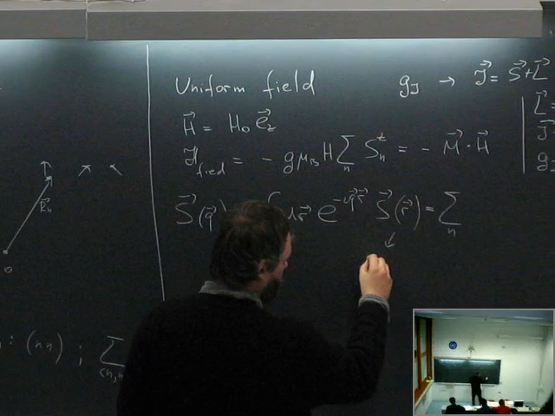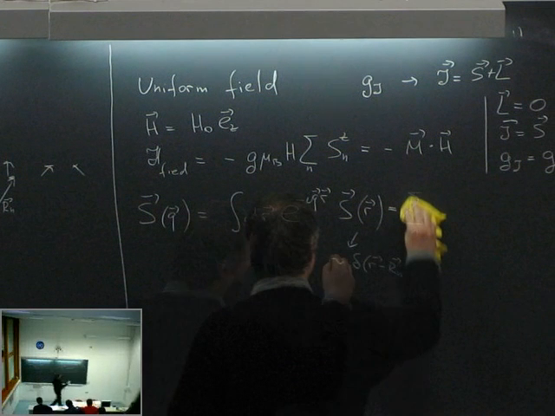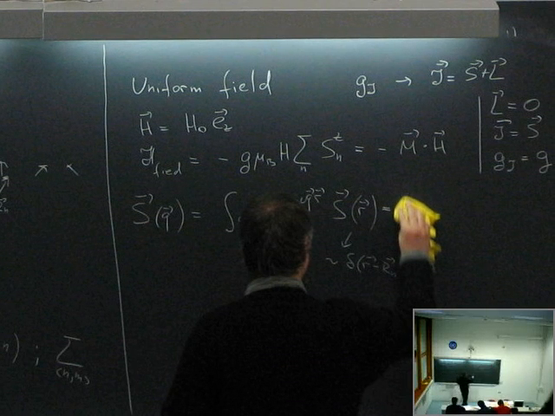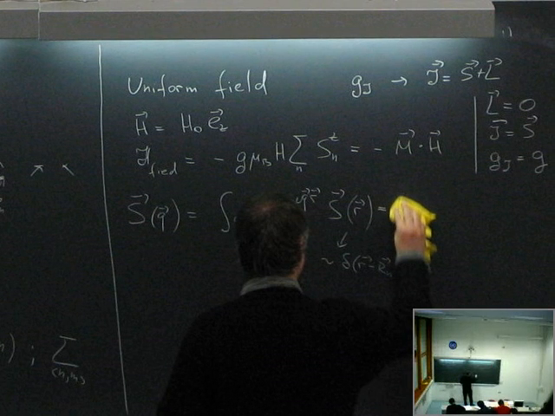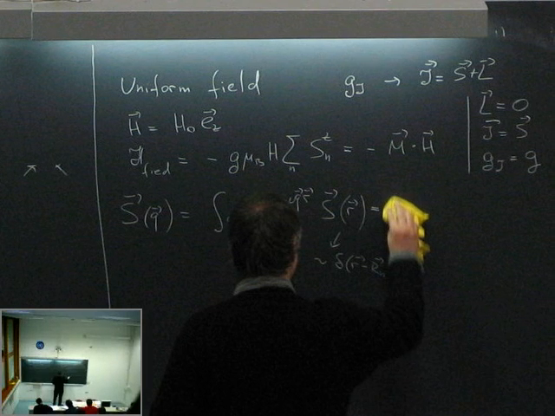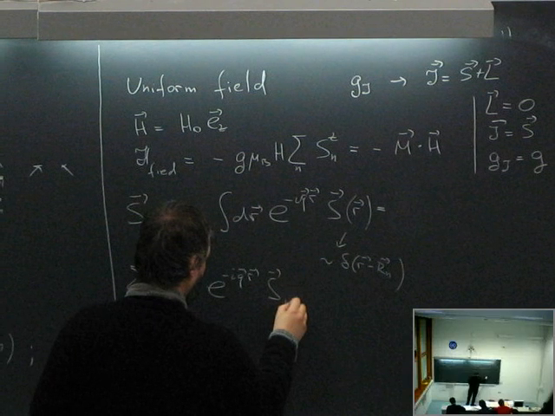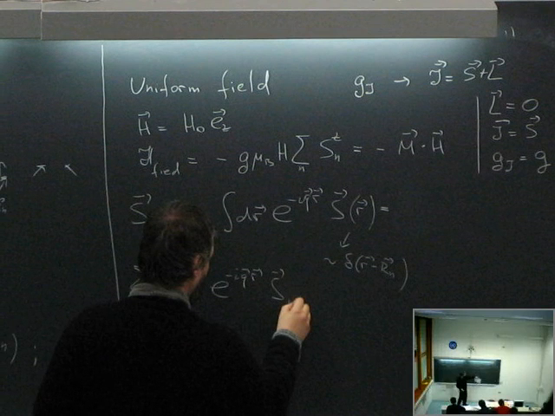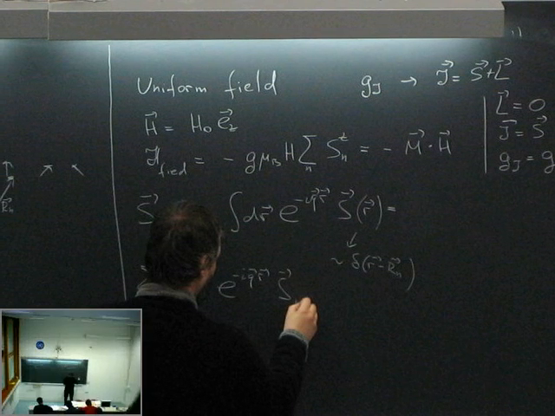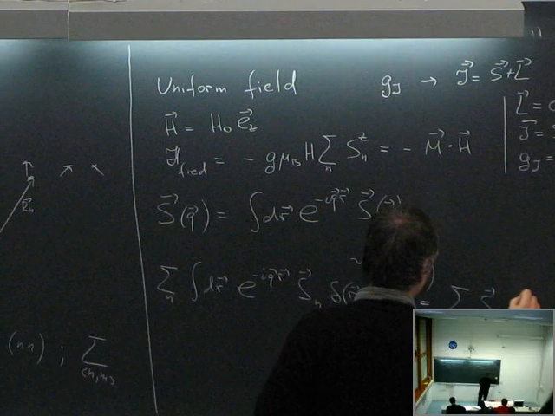So we have to take the summation over all R_n. Let me write it on the next line. So it's the sum over n, integral over dr e to the power minus i q r S_n delta function r minus R_n. So then I'm fine to plug in r from the delta function, and by the definition it's the sum over n of S_n e to the power minus i q R_n.